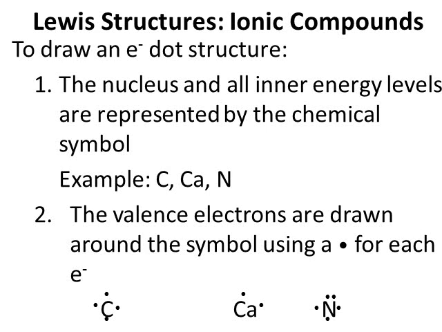We are simply going to draw valence electrons using a dot to represent each electron. So carbon has 4 valence electrons, so we draw 4 dots. Calcium has 2 valence electrons, so we draw 2 dots. And nitrogen has 5 valence electrons, so we draw 5 dots.